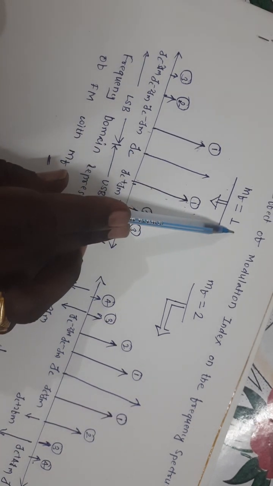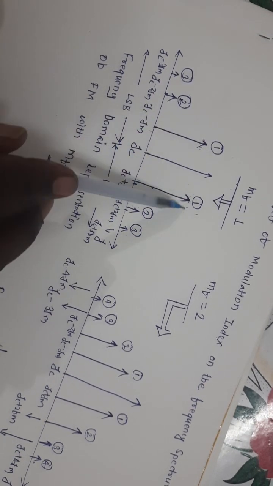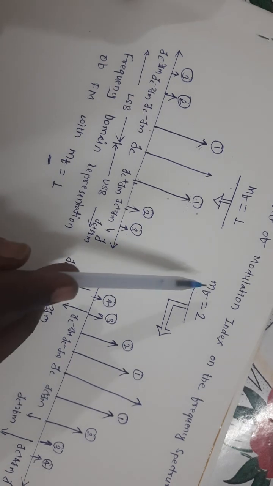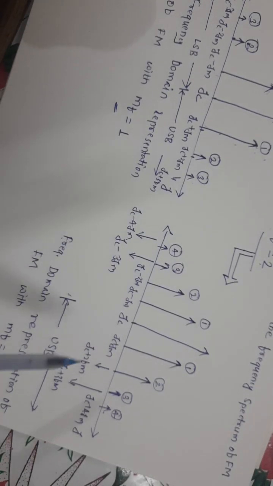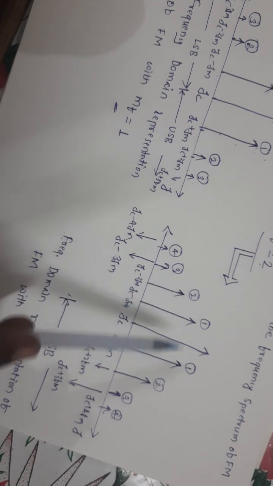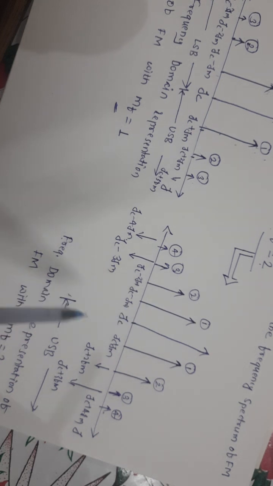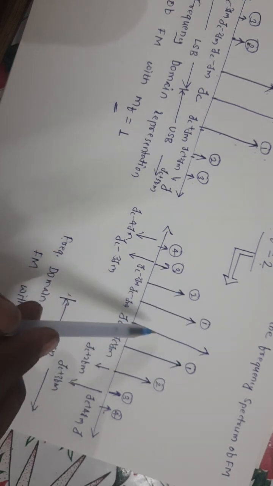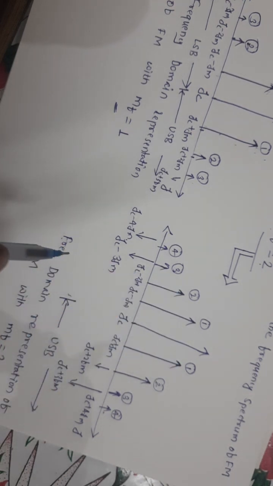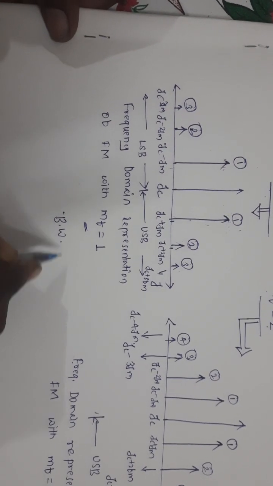For MF equal to 1, the sidebands with significant amplitude are fewer, but when MF equal to 2, in this frequency domain representation we observe that the number of sidebands having significant amplitude increases. So this number of significant sidebands is very useful while calculating the bandwidth of FM.